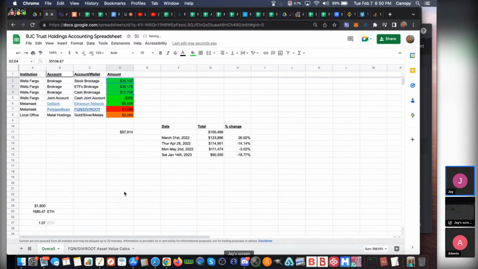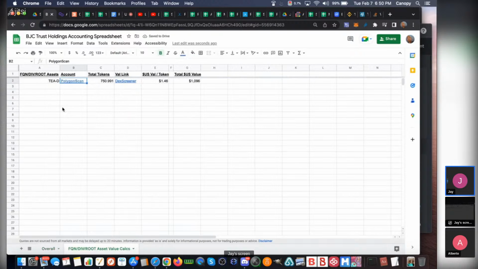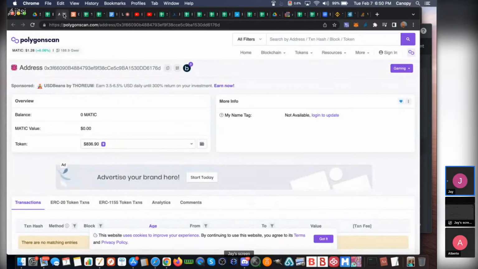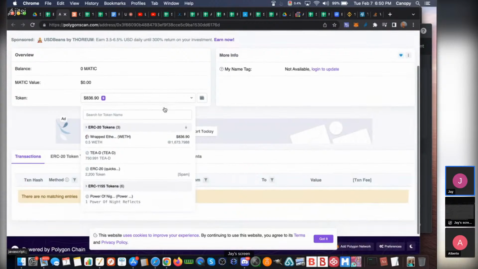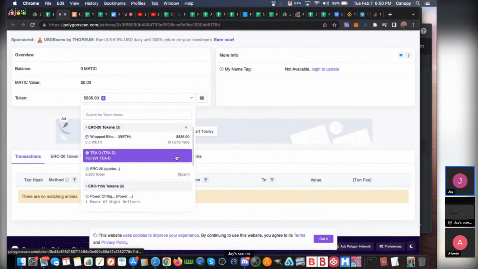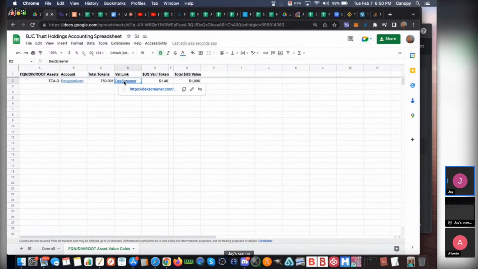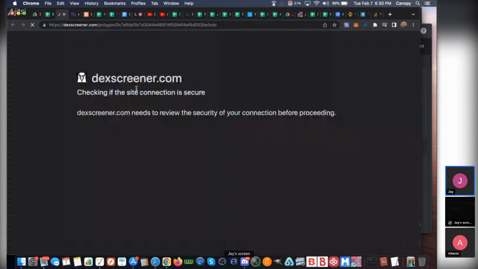And so then the last one is just to update the crypto, that is FQN crypto. So in this case, we have TAD is 750.991. So TAD sends it, and then the value, we just do a deck screener for the value of this.